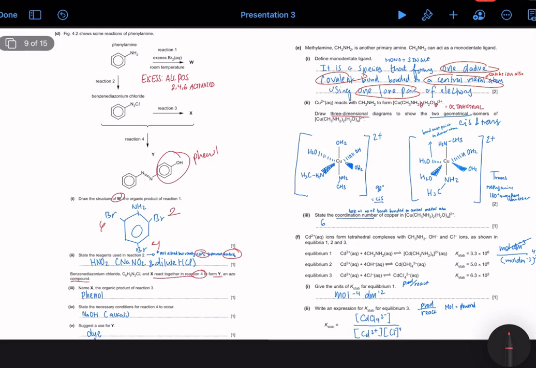And then state the necessary conditions for reaction 4 to occur. Again, this one is fairly simple. NaOH has to be present, in the presence of an alkali. And suggest a use for Y. So Y is your azo compound, and all azo compounds can be used as dyes.